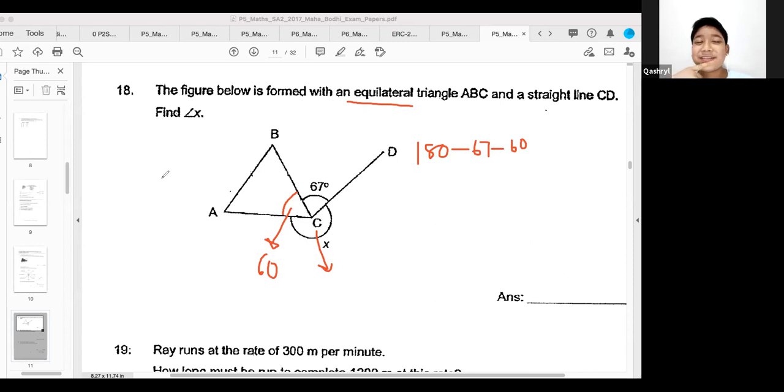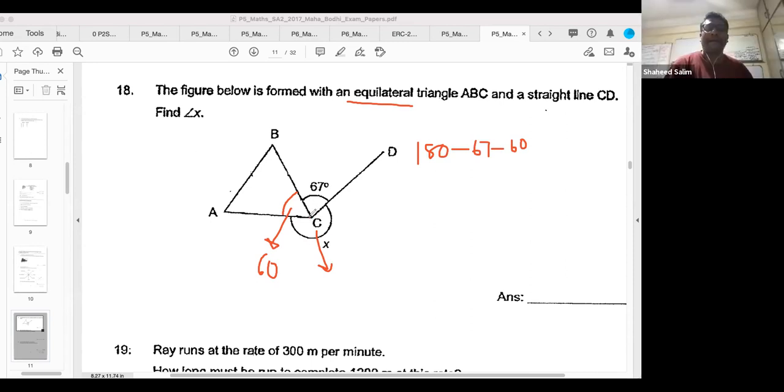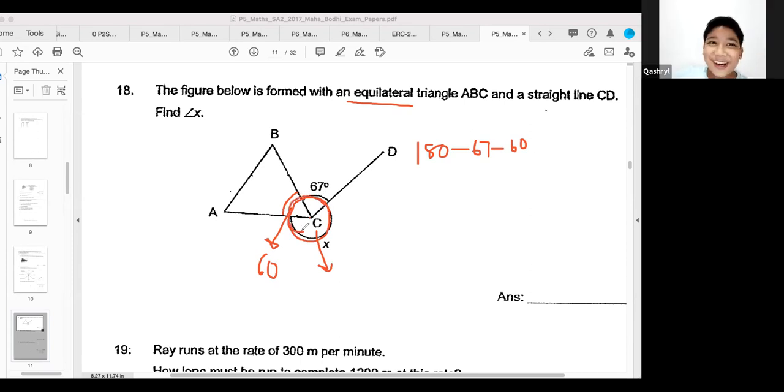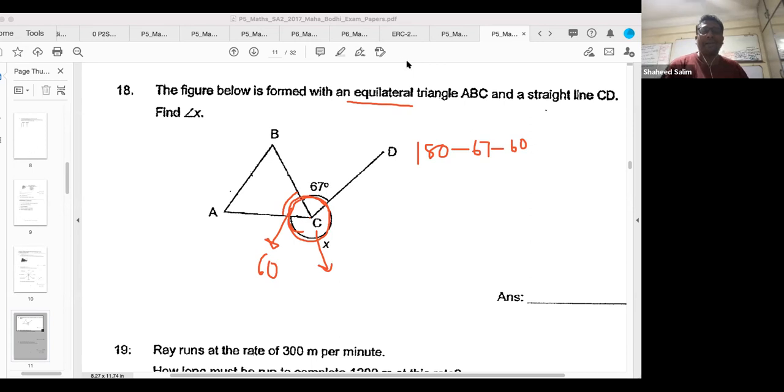Because this is at the point. Down here, the whole thing is at the point. They say ABC is a straight line. Okay, straight line means 180 degrees. But this one now, one round around here is 360. So it's 360 minus 67 minus 60, you get 233 degrees. Okay, well done.